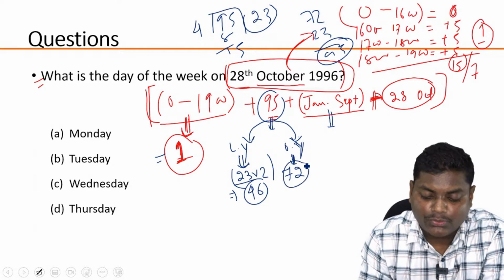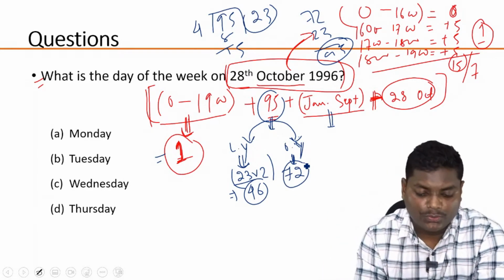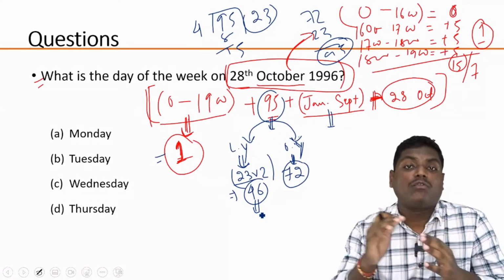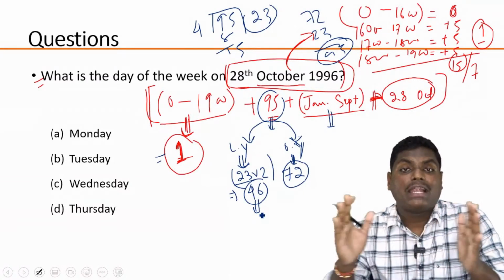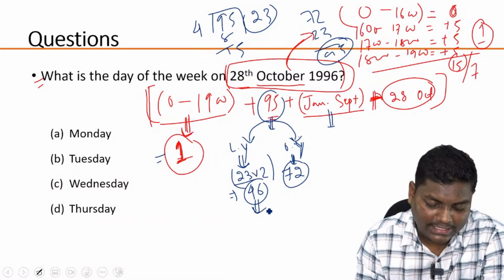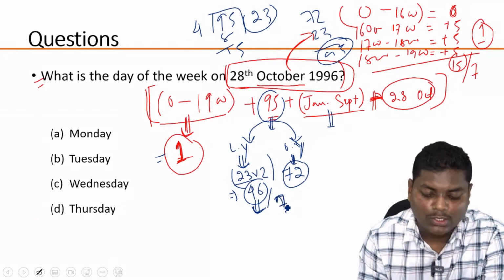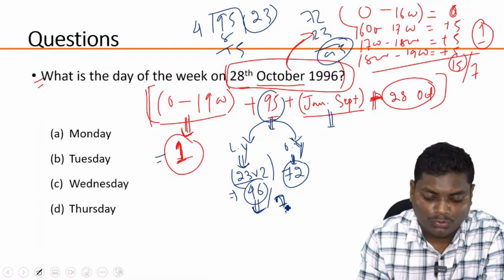And from 72 ordinary years we'll be getting 72. Since we are solving it, it might seem hectic, but once you solve 1-2 questions, the logic behind is very simple. So 46 divided by 7. If you divide it by 7, what will you get? 6 7s are 42. So 4 odd days.